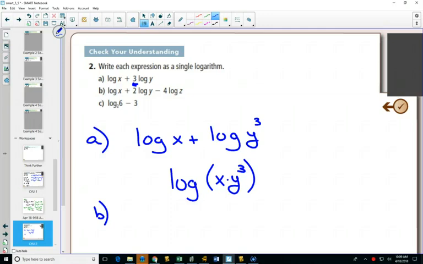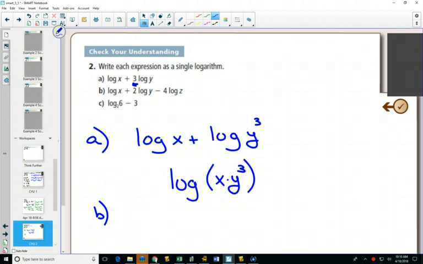again, I have a log plus a log minus a log, but I have numbers in front. So you're going to find out when you're trying to write it as a single logarithm, the first of the 3 laws you're always going to use is that third one. Anytime you have numbers in front, you will first move them in as exponents.